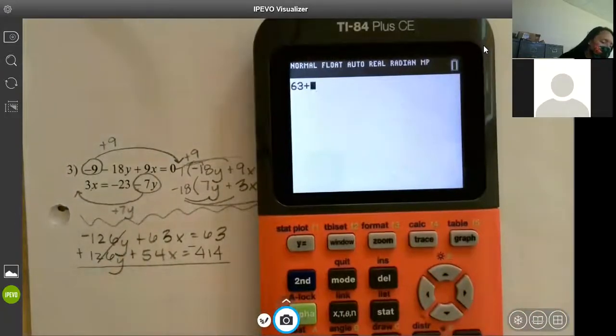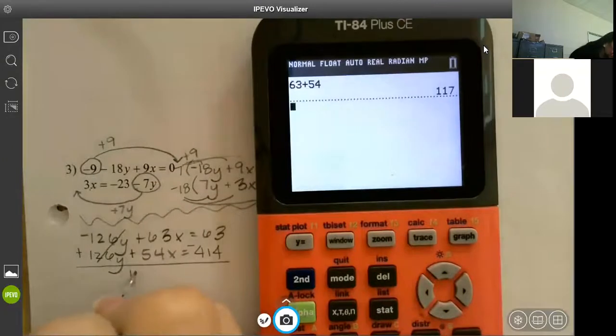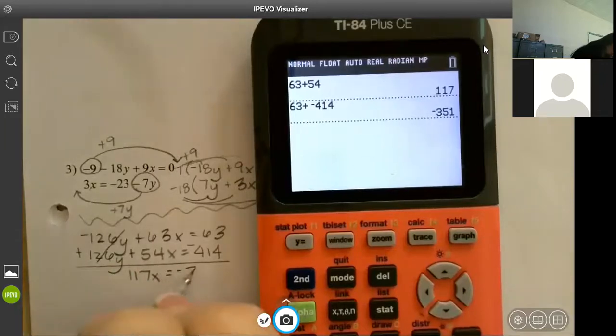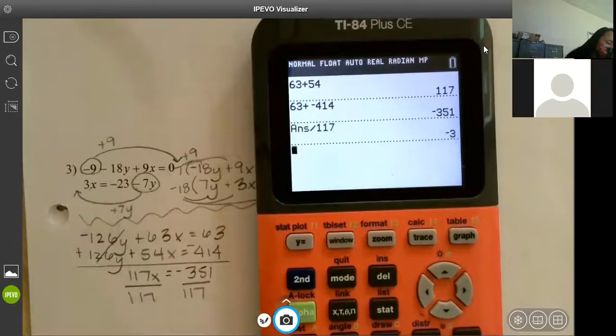Add 63 and 54. We get 117x. 63 plus negative 414 gives us negative 351. And then our last step is divide by 117, and we get x equals negative 3.